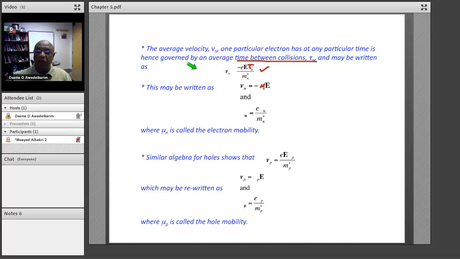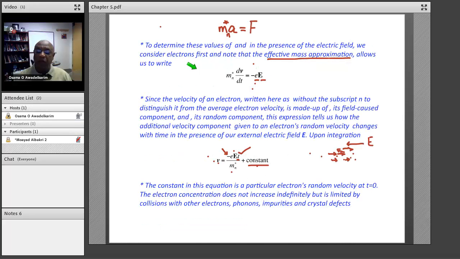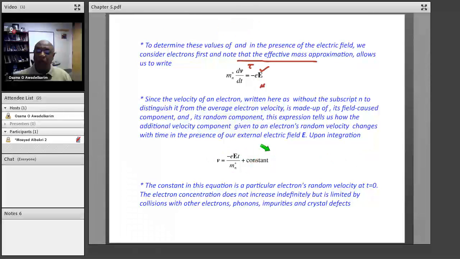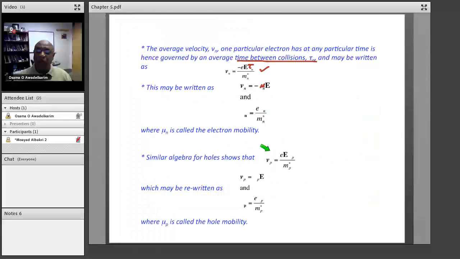One thing that I want to remind you is that this constant is actually 0, because at the beginning of time we have a net 0 before the application of the electric field. As I argued, you will have random motion, so you can set that constant equal to 0, and then our time t changes to an average time between collisions, tau_n.